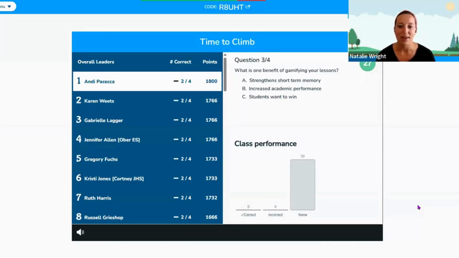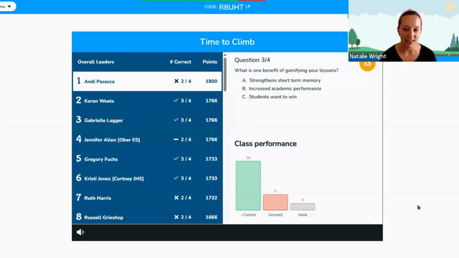Okay, what is one benefit of gamifying your lessons? It strengthens short-term memory, it increases academic performance, and students want to win. What's one benefit? So as you answer these questions, I'm kind of giving you a preview of what we're going to learn about in our lesson.